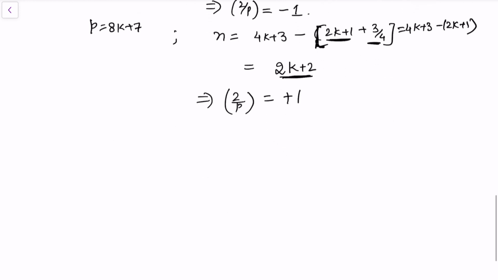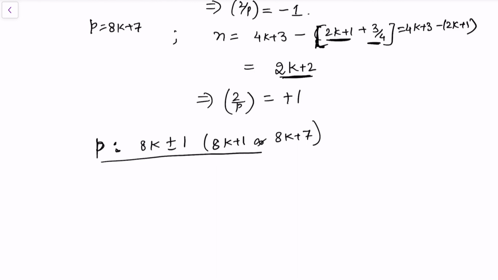So we can club this result now: whenever p is of the form 8k±1, that is 8k+1 or 8k+7, the Legendre symbol (2/p) is +1.